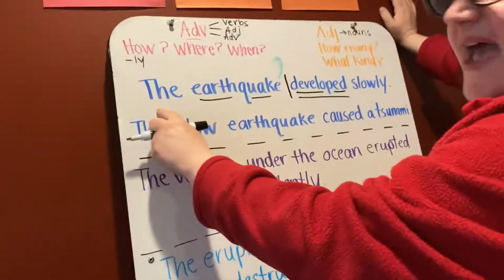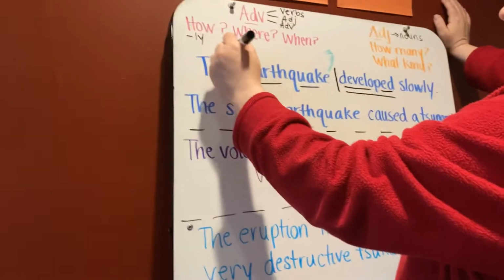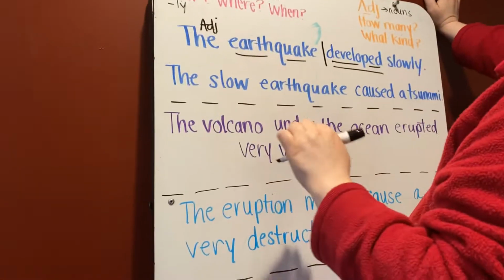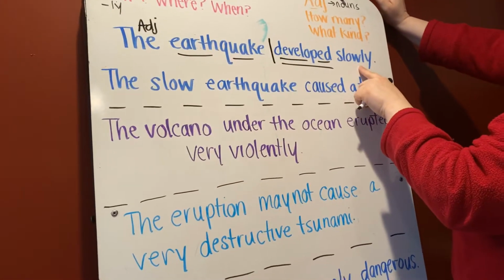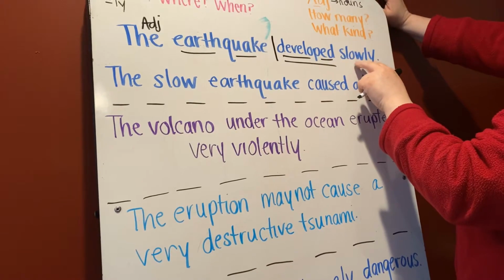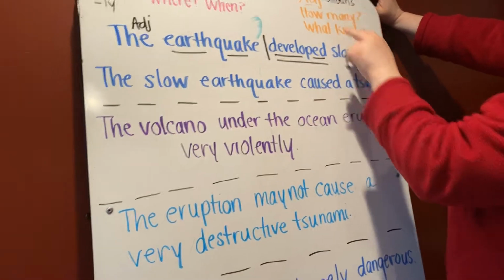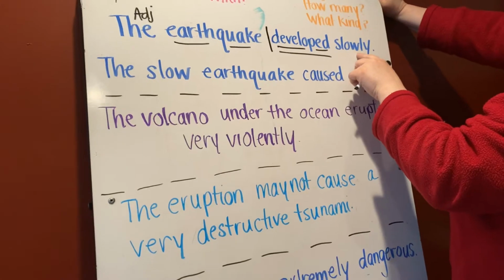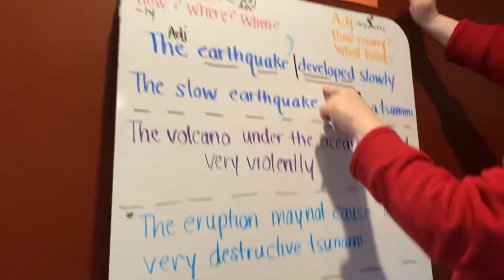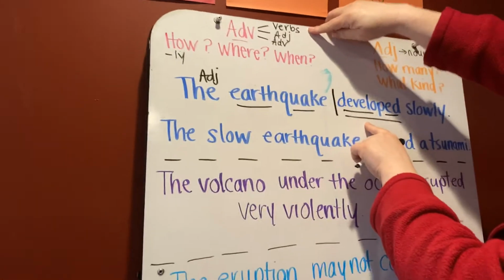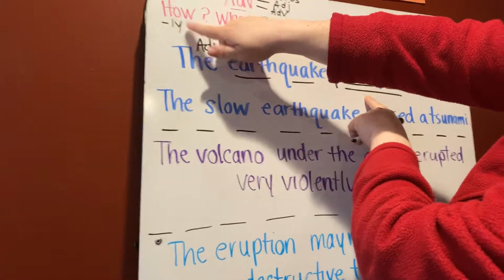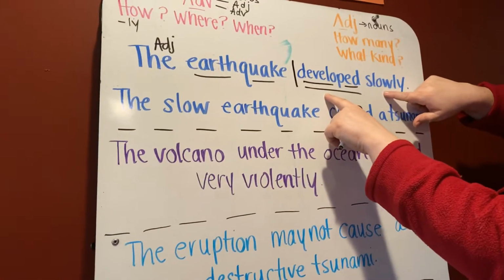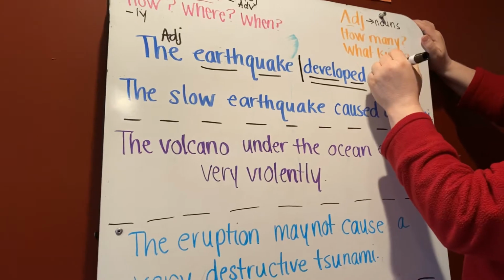The is a special adjective known as an article, so we're going to label that adjective. Now we need to see if slowly is an adjective or an adverb. Well, slowly is describing the verb, so it's an adverb, and it's answering the question how. How did the earthquake develop? It developed slowly, so we've got an adverb here.